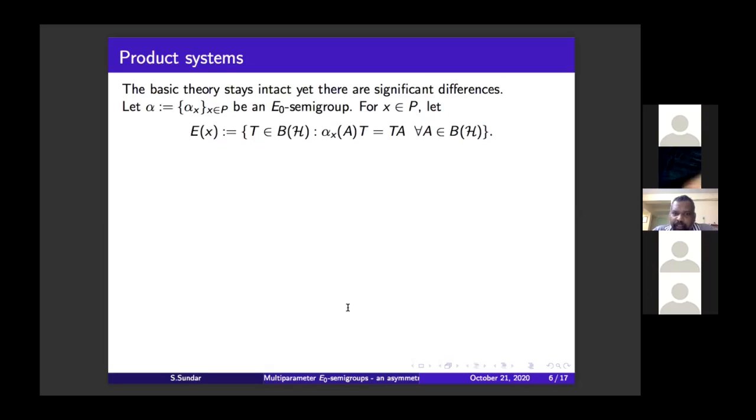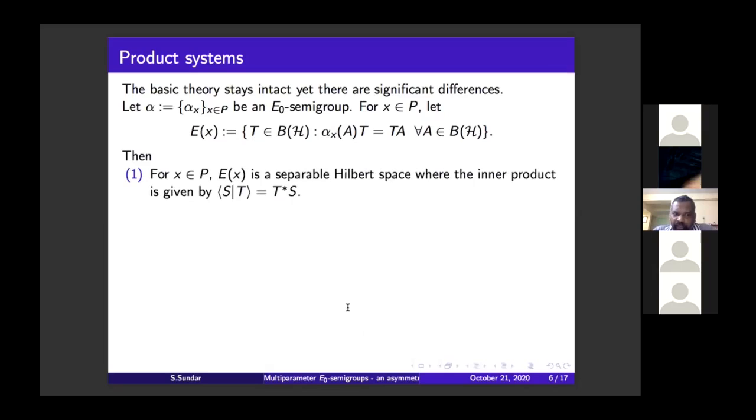And this is a Hilbert space. So the first fact is that E_x is a Hilbert space.